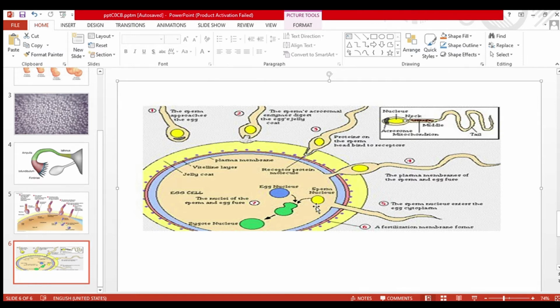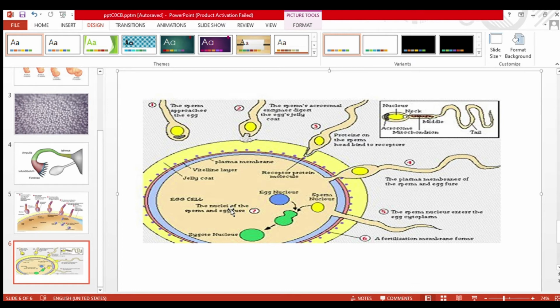All sperm mitochondria degenerate. All mitochondria within the zygote are of maternal origin. The secondary oocyte was arrested in metaphase of meiosis II when the female that has ovulated was a fetus in her mother's womb. So the secondary oocyte completes its meiosis II, forming a mature ovum and a second polar body.